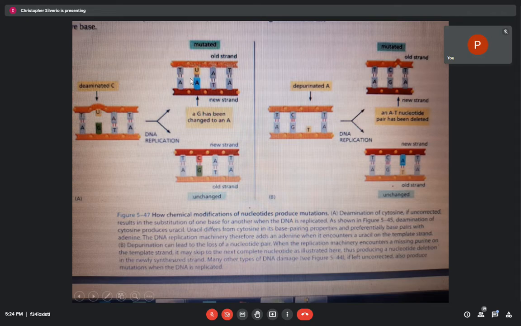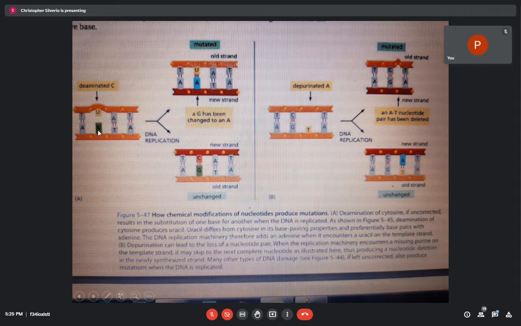What will happen if this old strand will be replicated? The uracil will pair with adenine.